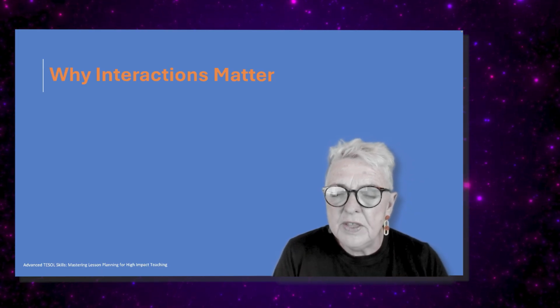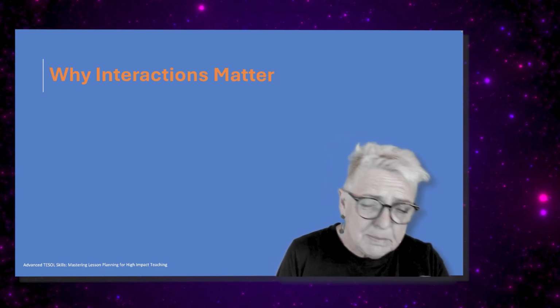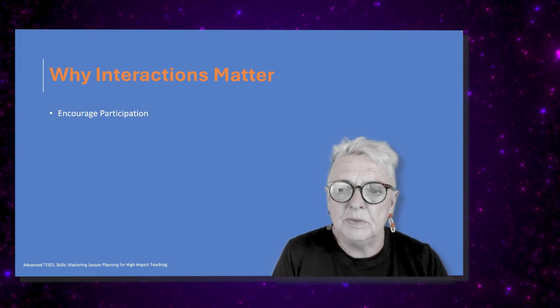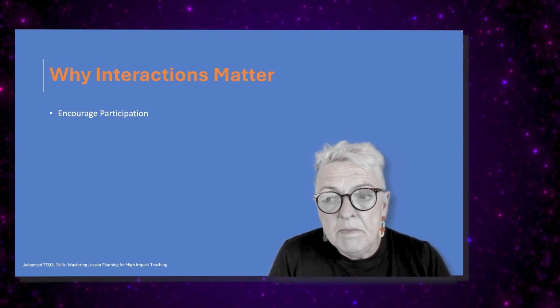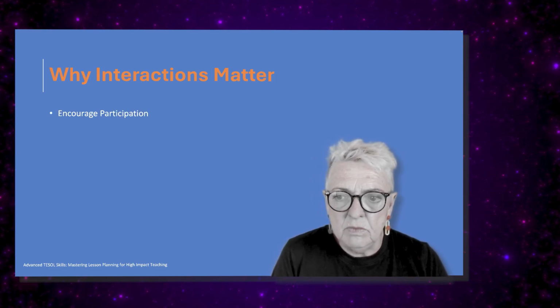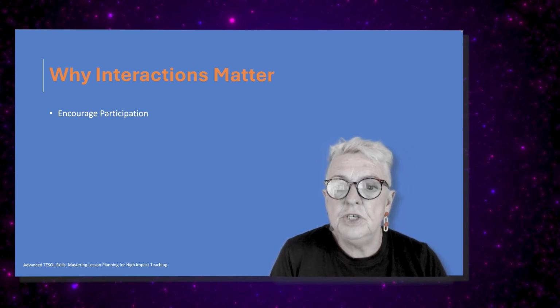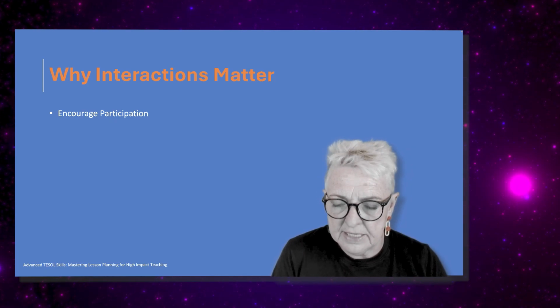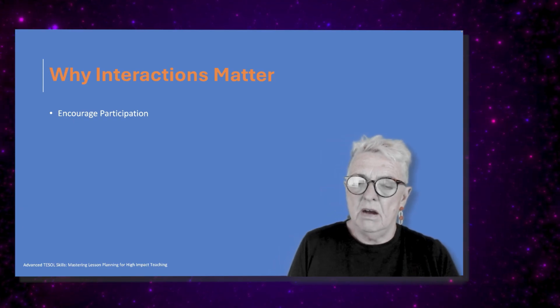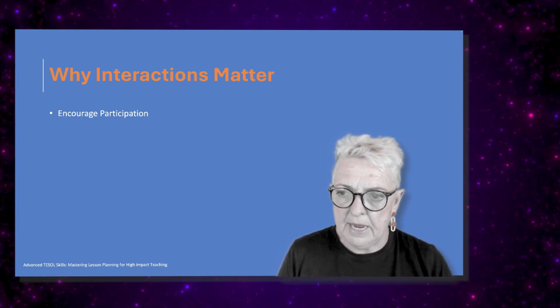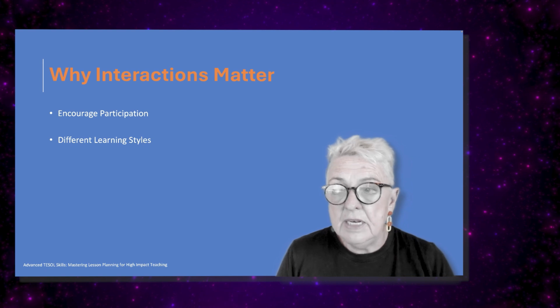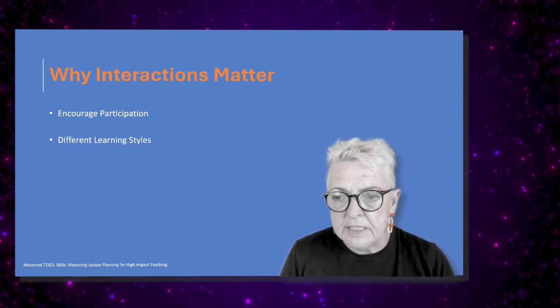Okay, so why are these interaction patterns that seem so small so important? So participation. I can work out from the interaction patterns the level of student participation in the lesson, so when they are active as opposed to passive. It allows me to see for different learning styles.